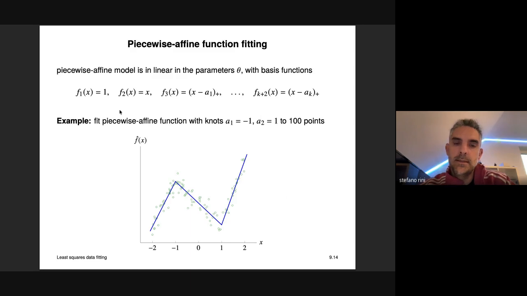So you see that this u function will kick in from a1 onward, and so this reconstructs the affine function.